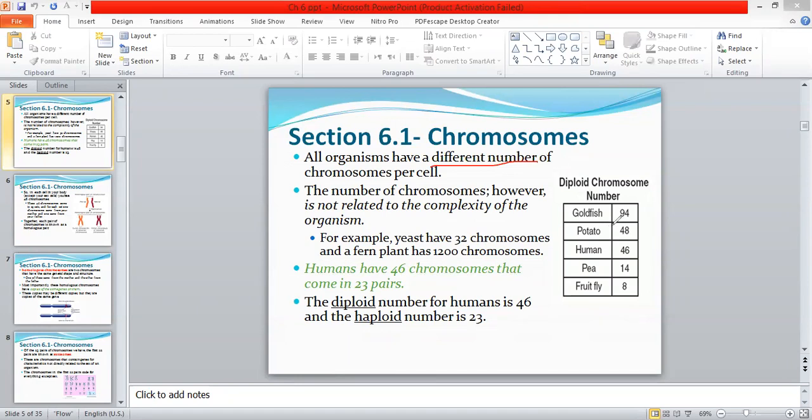As you can see in this table, for example, the goldfish, 94, the potato plant, 48, human, 46, pea plant, 14, fruit fly, 8, and so on. So the number of chromosomes is not the same in different species, but the same species all have the same number of chromosomes.